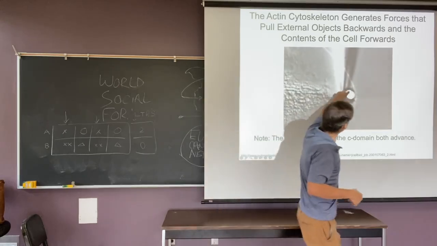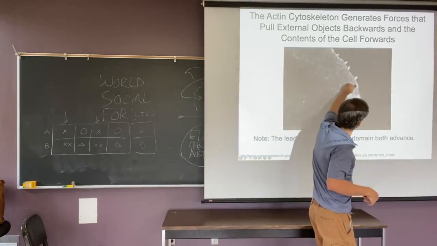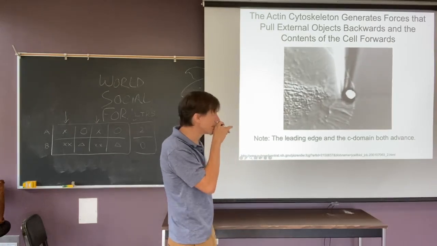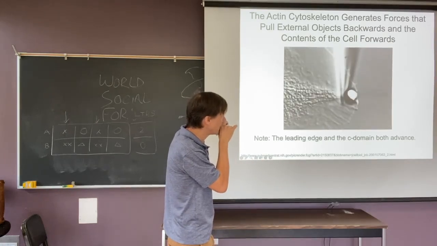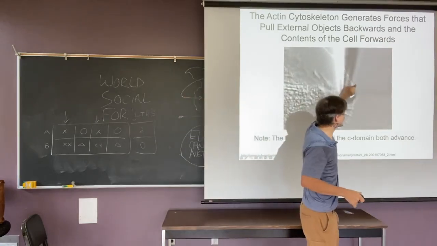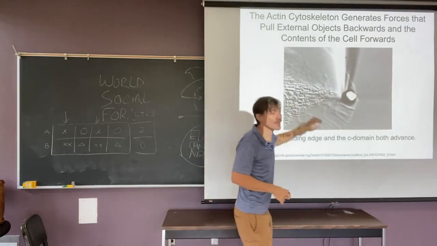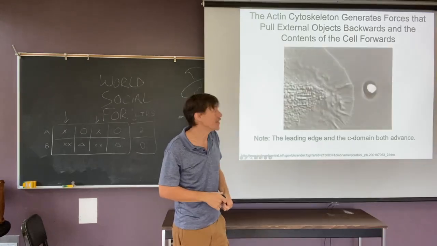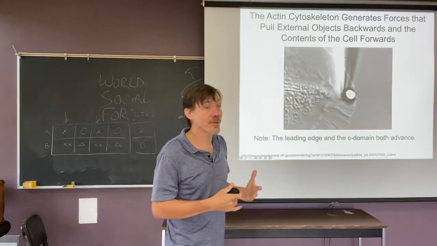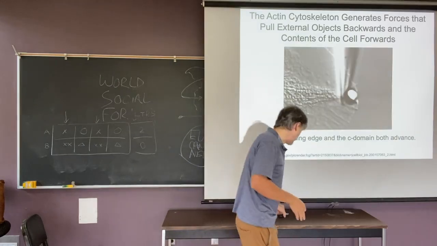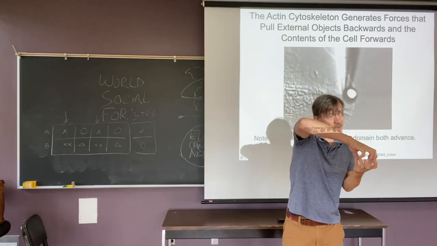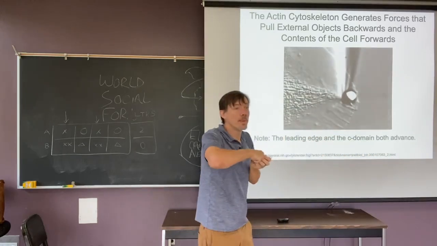And then if you look right here, right at the leading edge, what's happening? Exactly. So you see there's just a little bit of a bulge that's sticking out. It isn't nearly as obvious as what's happening in the C domain. So the big idea is that here, the cell's gripping onto the bead and it's trying to pull the bead backwards.